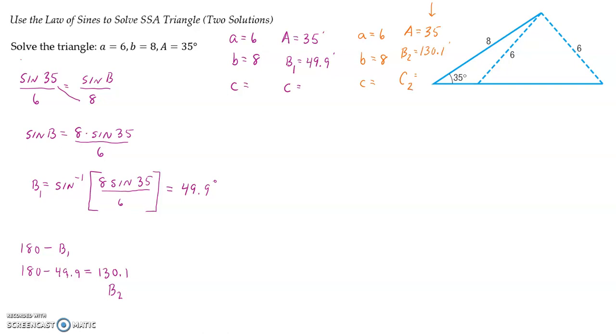So let's find C2 first. So I've got A plus B2, plus C2 is supposed to equal 180 degrees. Alright, so 35 plus 130.1 plus my C2 value here is going to equal 180.